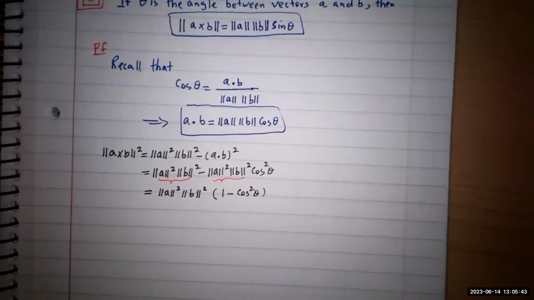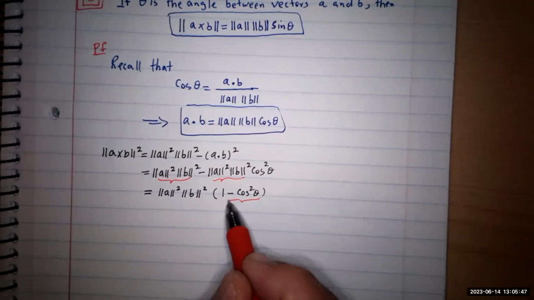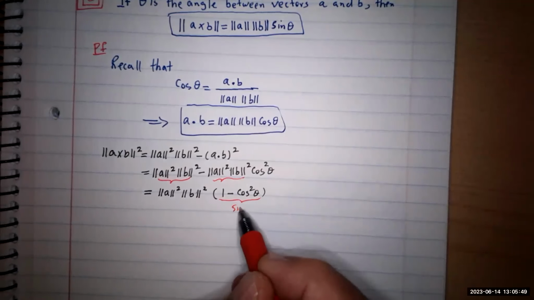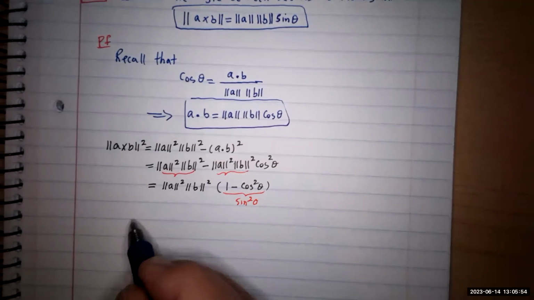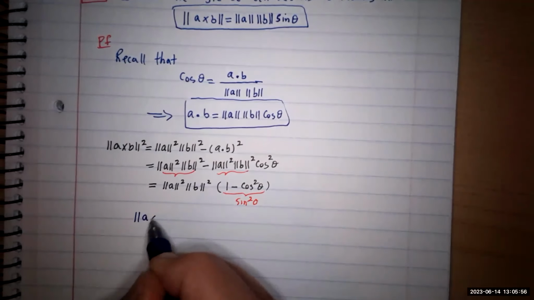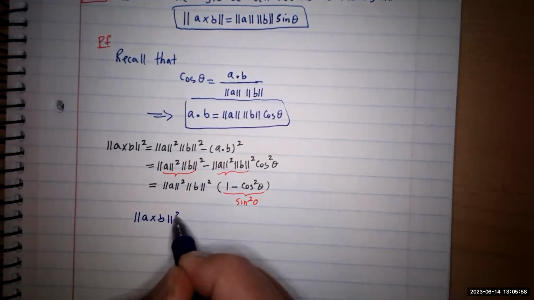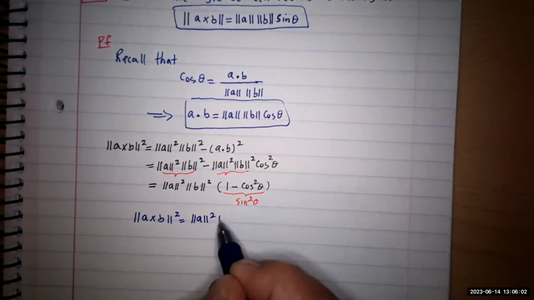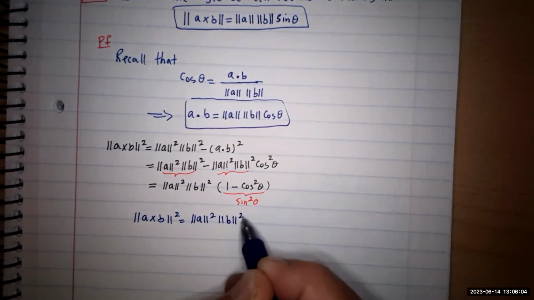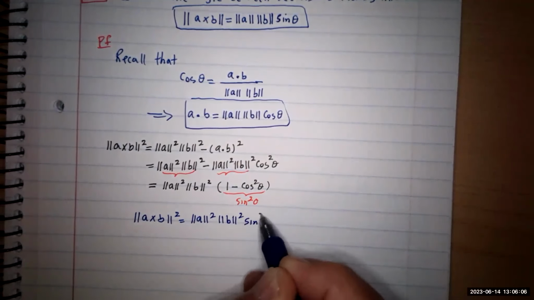But you know that 1 minus cosine squared of theta is sine squared. So we have that the norm of A cross B all squared is equal to the norm of A squared, norm of B squared, times the sine squared of theta.